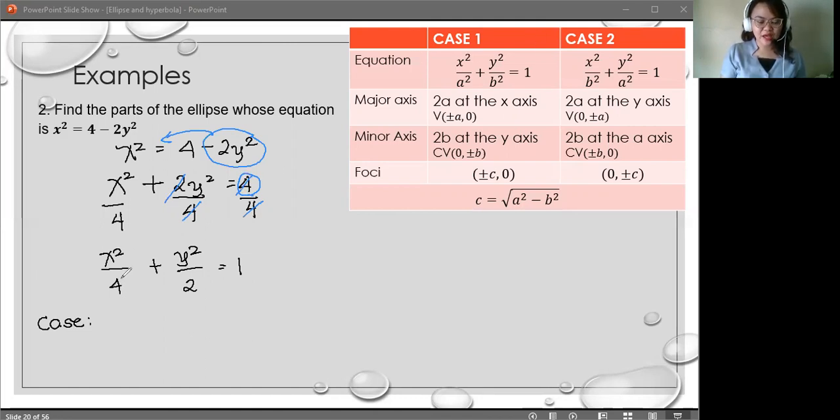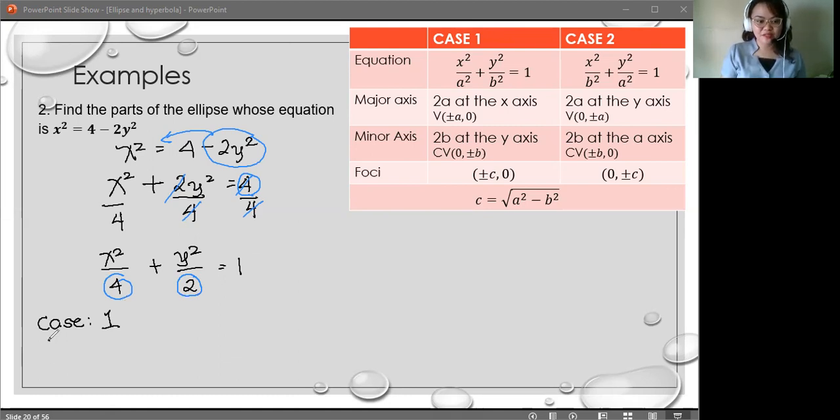In this, x squared has a denominator of 4, and y squared has a denominator of 2. The greater value is found on the denominator of x squared. So with that, what case would we have now? Very good. We have case 1 because the denominator of x squared is larger than the denominator of y squared.